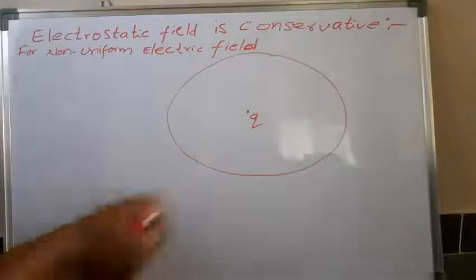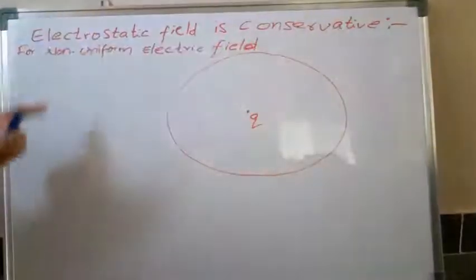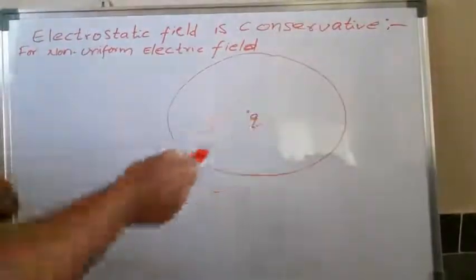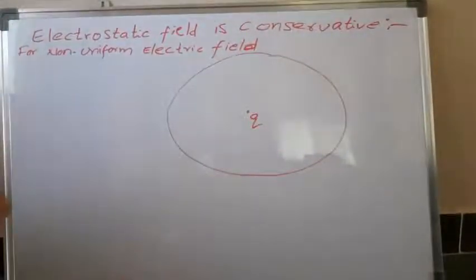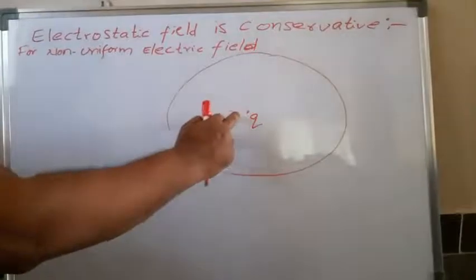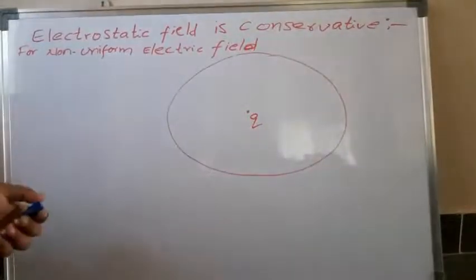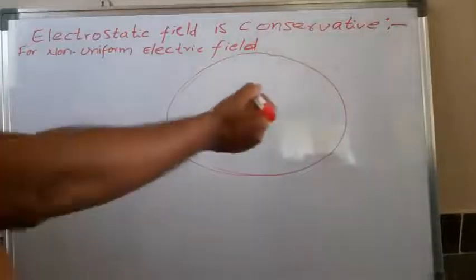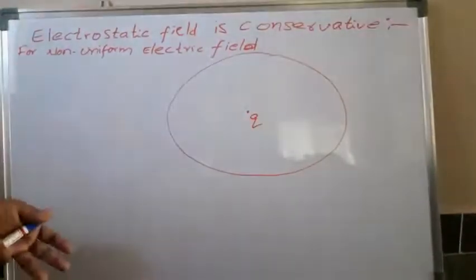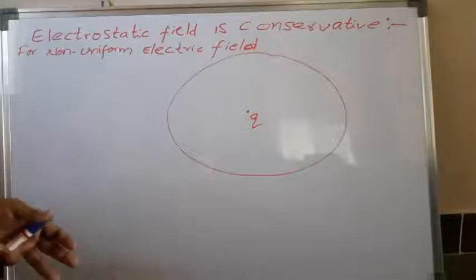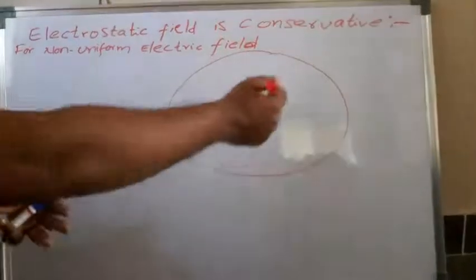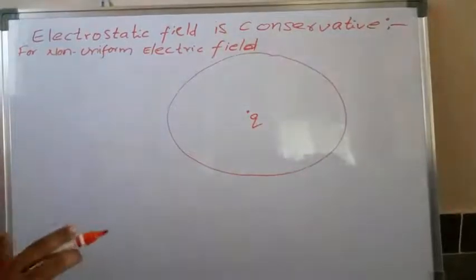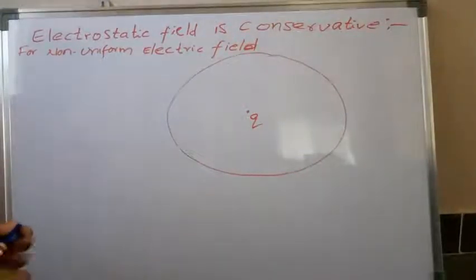Clearly, we can say this electrostatic field is non-uniform because the electric field at each point is dependent on the distance of that point from Q. E is equal to 1 by 4 pi epsilon naught Q by R square. We derived that. So at each point the electric field is different. Magnitude of the electric field as well as direction is different at each point. So this is a non-uniform electric field.